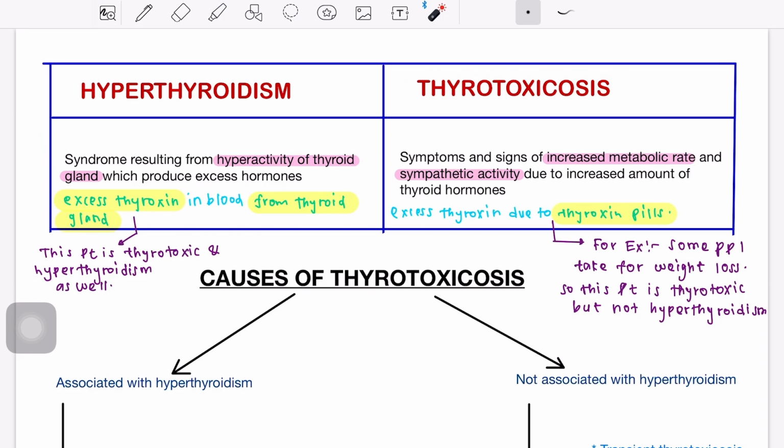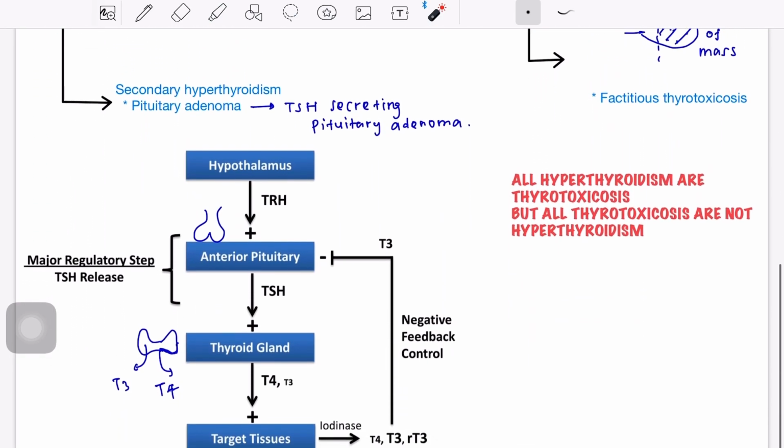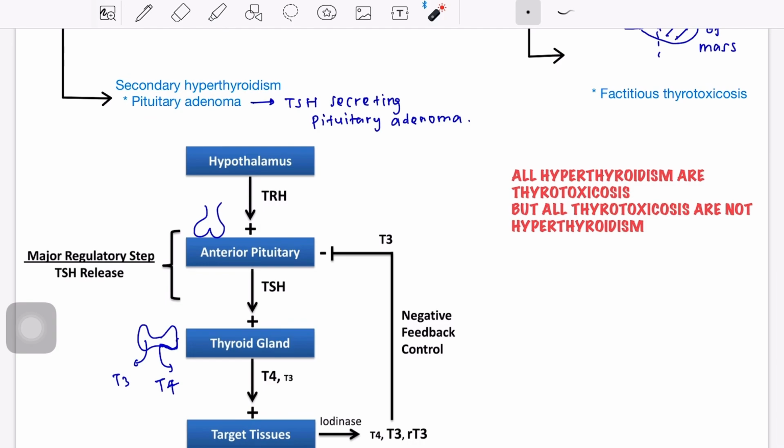In summary, both are not the same. Hyperthyroidism and thyrotoxicosis are not the same. All hyperthyroidism patients will have thyrotoxicosis, but not all thyrotoxicosis is hyperthyroidism. Okay, that's it. Thank you very much.